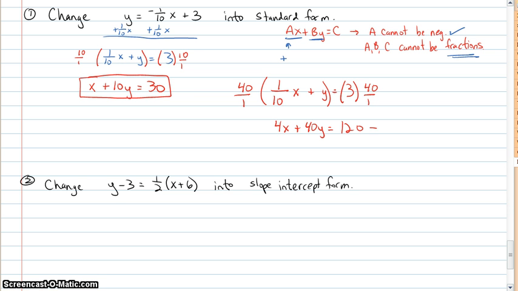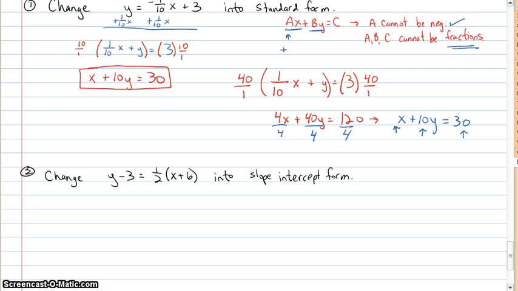This would not be considered in simplest form because you can see that they're all divisible by 4, which means x plus 10y equals 30 is the simplest form of standard form. As long as I use the simplest form, aka these coefficients are not commonly divisible by something, then you'll get the exact same form as anyone else who's putting it into standard form.